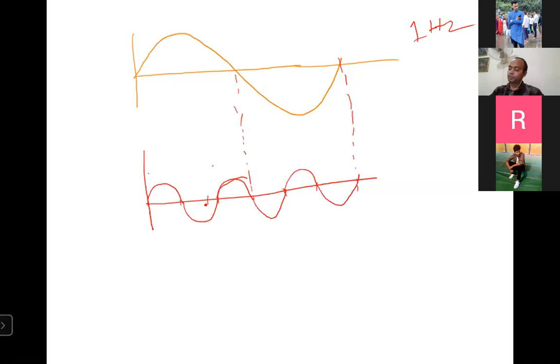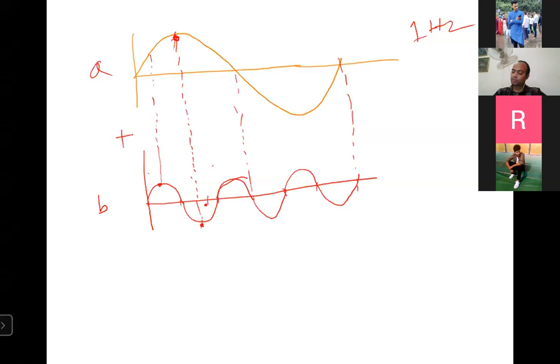So now when they are added up, let's say this is figure B and figure A. When figure B is added with figure A, how will the shape look? Just make a line. At this point, we have a crest. In figure B, we have a negative value, which will try to decrease this value. Similarly, this point corresponds to this point.